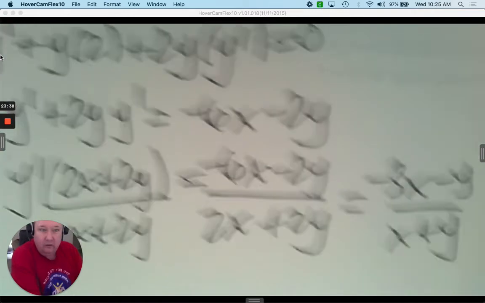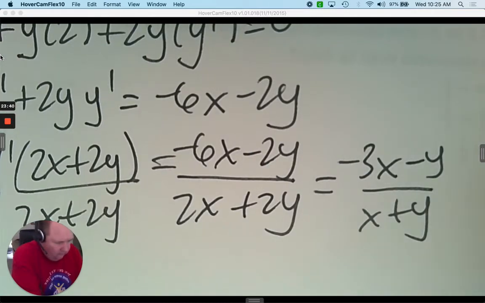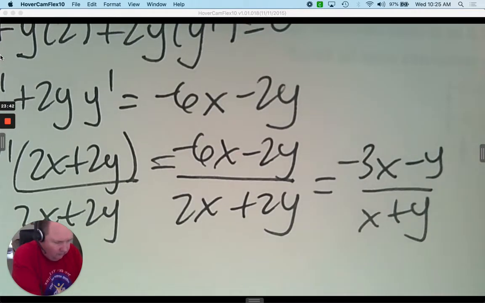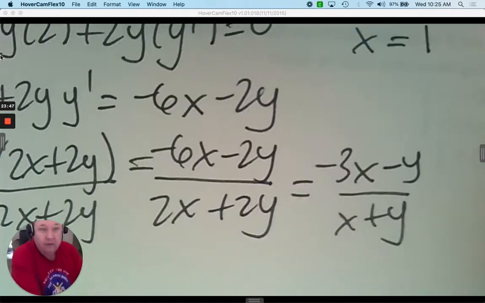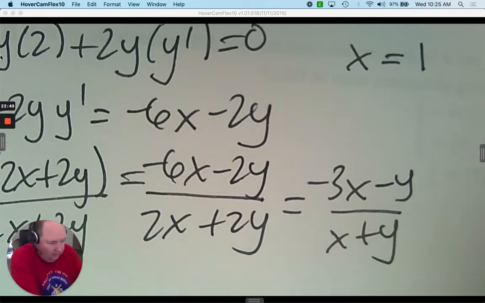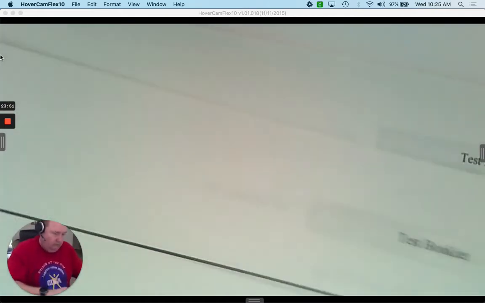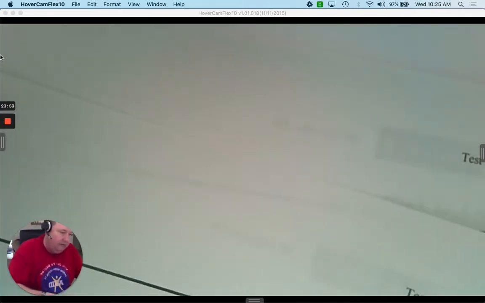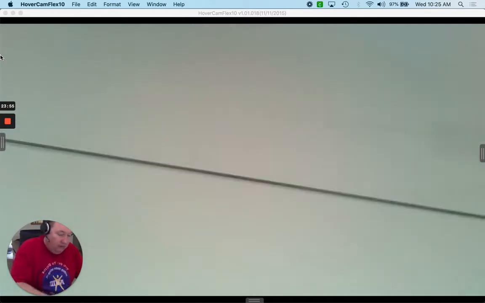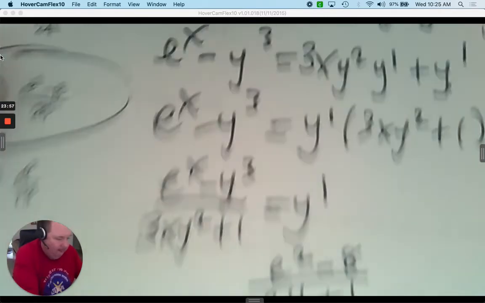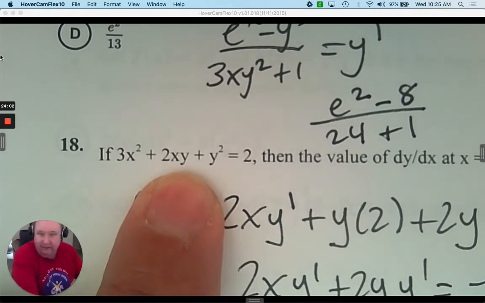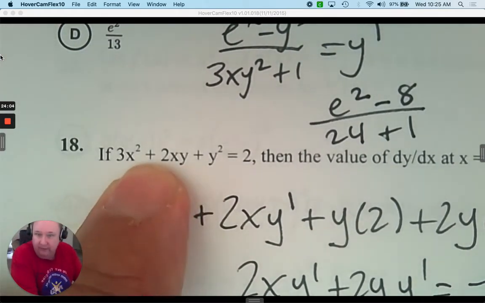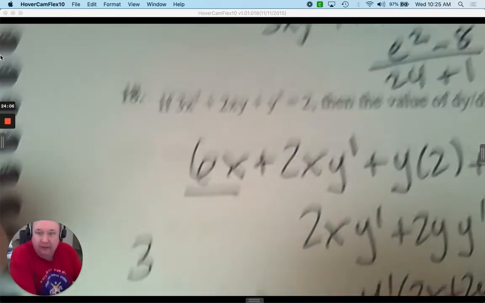And then I'm going to use the point, find the value of dy by dx when x equals 1. So when x equals 1, let's see if y is in the answer or not. Okay, so I got x equals 1. How am I going to find y? I've got to plug it into here. So if x is 1, that means I have 3.